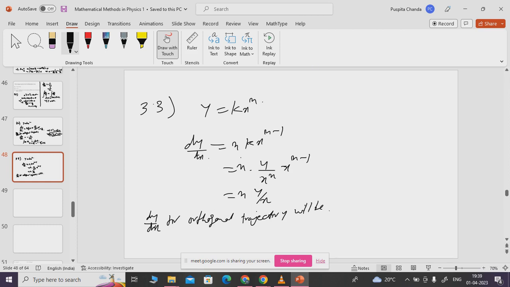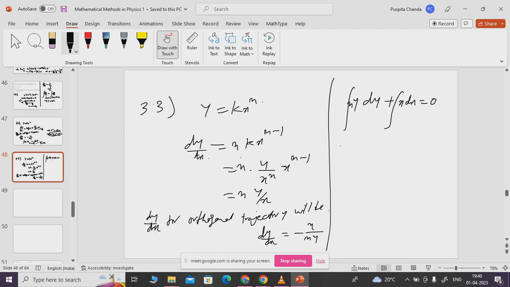So dy/dx for the orthogonal trajectory will be minus x by ny. So n y dy plus x dx is equal to 0.